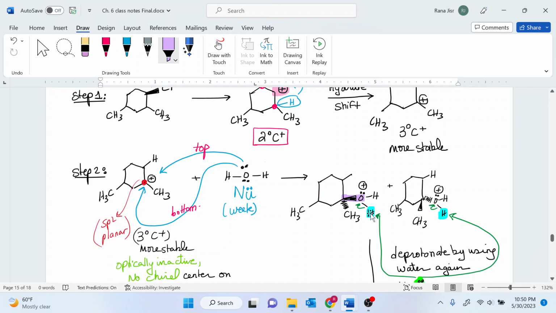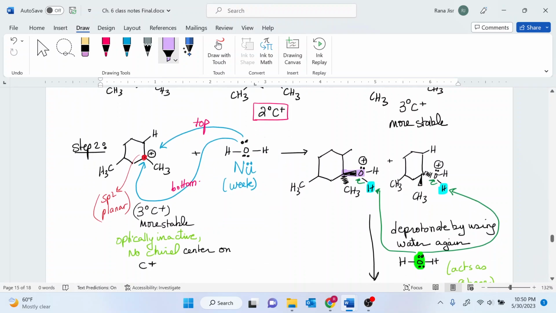So add everything in there. Or the nucleophile can attack from the bottom. So I'm going to say plus in there. This is the second possibility, showing the water attacking from the back. If the water attacks from the back, that's going to push the CH3 to be in front. And if it's attacking from the front, that's going to push the CH3 to be at the back.